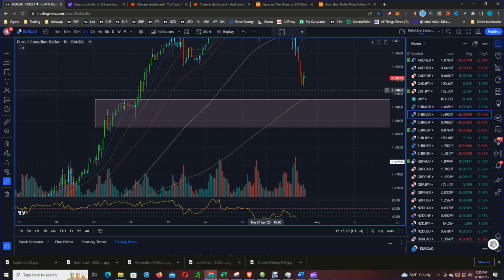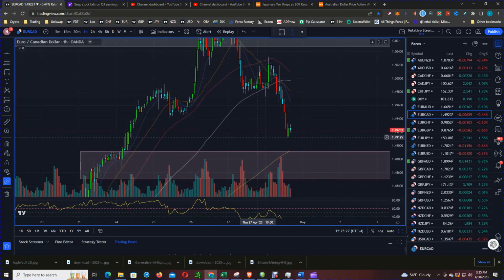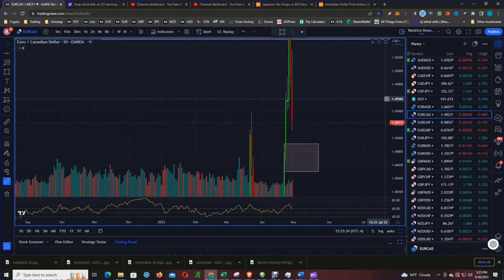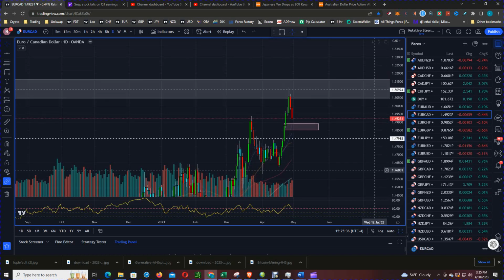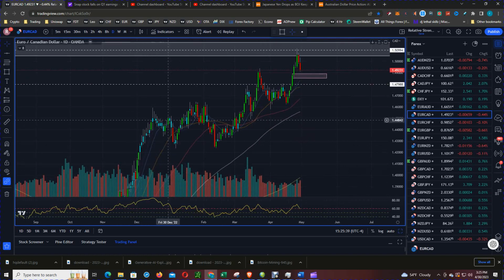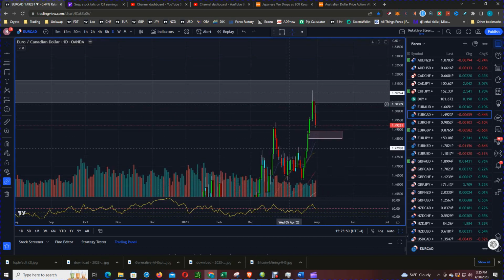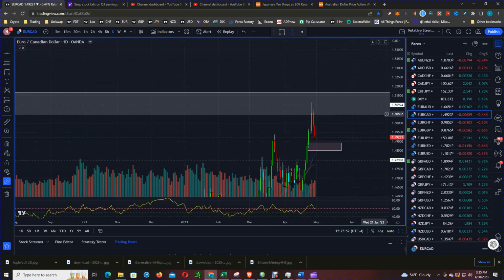So this level could hold, because again, we are in the uptrend. But right now the reward to risk is limited. We need to close above this resistance band. All right, I'm going to pay attention to this pair this week based on the analysis that was just done.